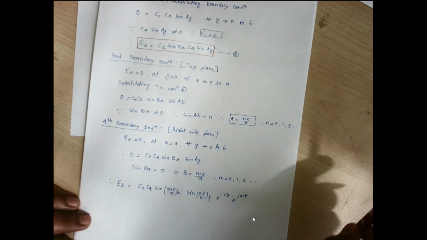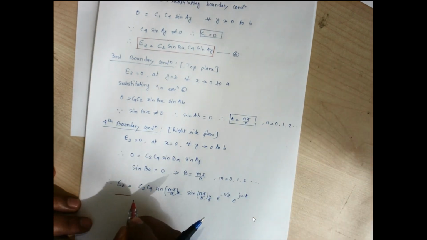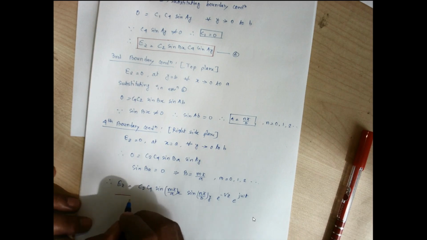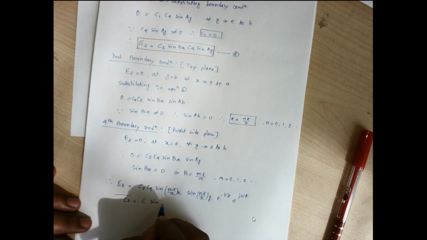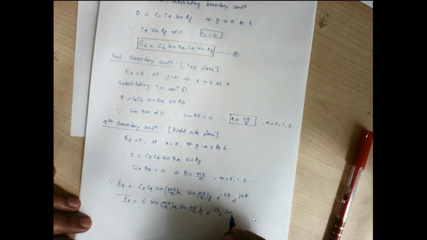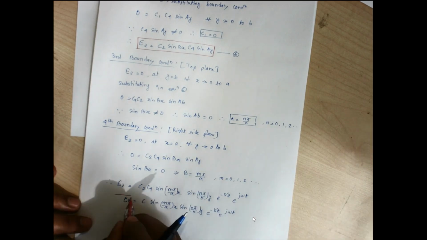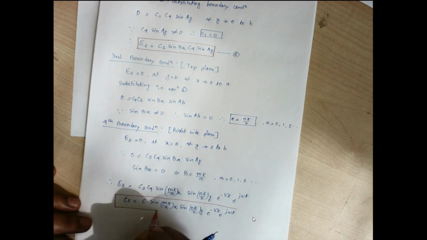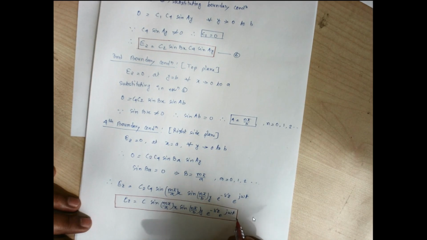So this is our final Ez. Also we can take c2, c4 as a single constant like this. Ez is equal to C sin m pi by a x sin n pi by b y e to the power minus gamma z e to the power j omega t. Now we can say yes, this is our final expression of the electric field for the TM wave.